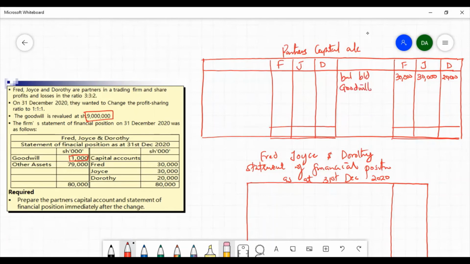Partners are sharing profits in the ratio of 3 to 3 to 2, so the total ratio is 8. Therefore, Fred will have a share of 3 million, Joyce a share of 3 million, and Dorothy a share of 2 million.